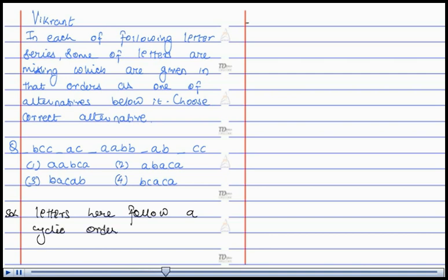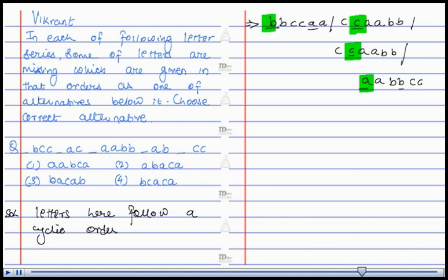Right now, if we look at the sequence, we have B, B, C, C, A, A. The next will be the required term, that is B and A. Similarly, the next is C, C, A, A, B, B. And the next will be C, C, A, A, B, B. And the next will be A, A, B, B, C, C. That is, if we look at the movement of the alphabets, they are moving in a cyclic order.